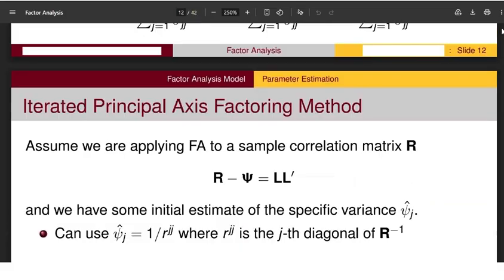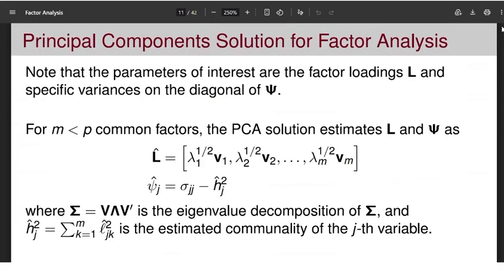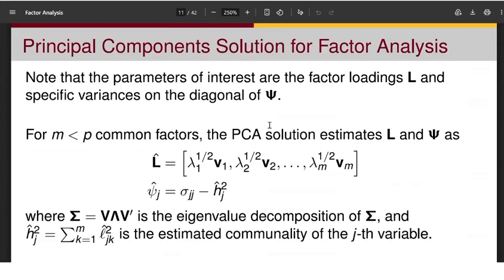Now, this approach that we just used is not the best approach. It's not optimal, because this approach ignores specific variance. Any approach that ignores specific variance is not assumed to be appropriate.